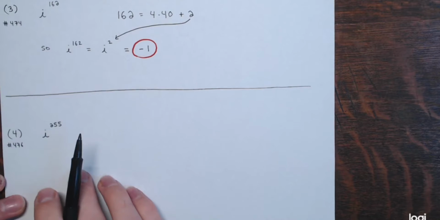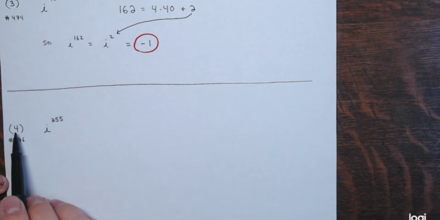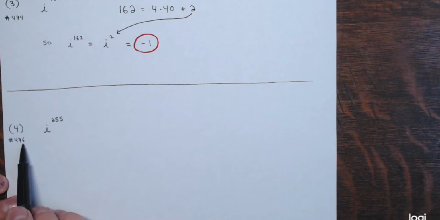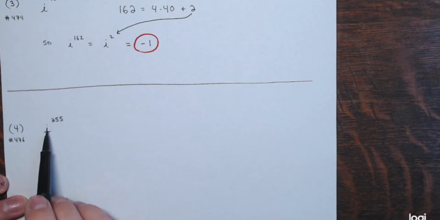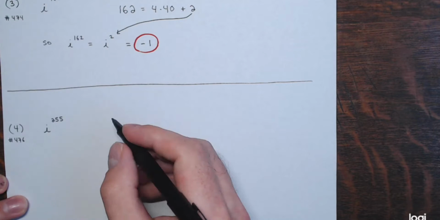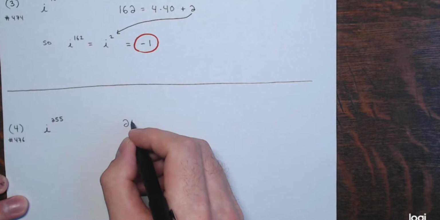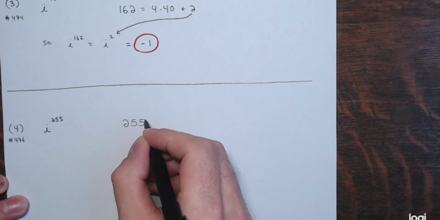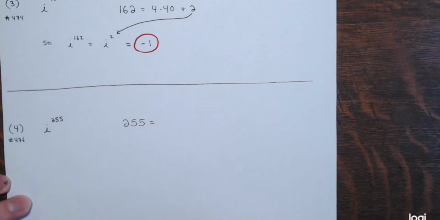All right. Final question, number 4, exercise 476 from the text. Same stuff, i to the 255 power. Well, 255, we're just going to think of how do I divide it by 4? How many times does 4 go into 255?